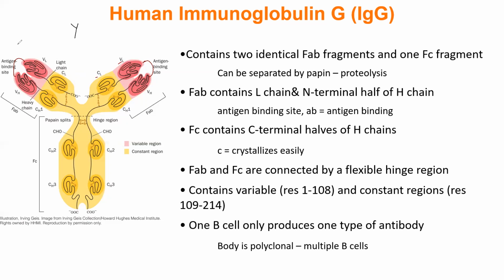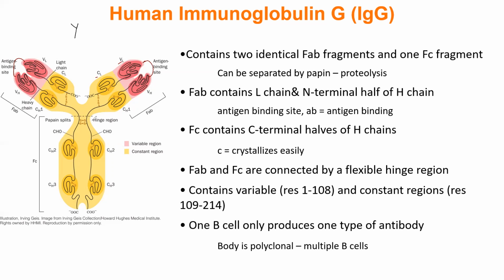Every antibody has a different variable region, with different amino acids that make up these regions. Because of that, your antibodies bind one antigen and one antigen only. You have millions and millions of different possible antibodies you can make, but each antibody is only going to bind to one antigen.